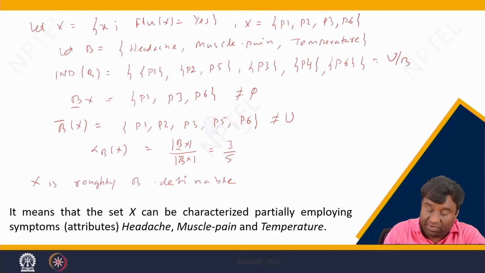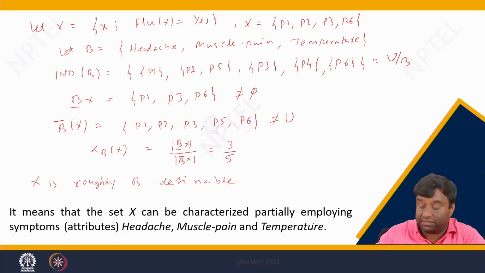The lower approximation is not empty and the upper approximation is not equal to the total set of objects, so you can say X is roughly B-definable. The accuracy of approximation is 3 by 5. It means that the set X can be characterized partially employing the attributes headache, muscle pain and temperature.